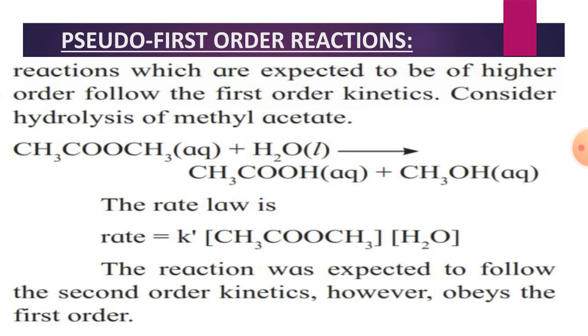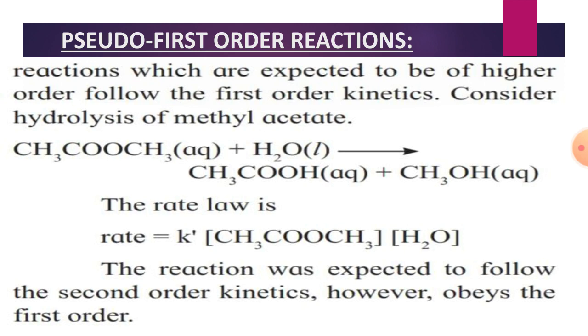Let's see an example. Consider the hydrolysis of methyl acetate, CH3COOCH3. This is your methyl acetate. When this methyl acetate is treated with water, we get CH3COOH, that is your acetic acid, plus CH3OH.